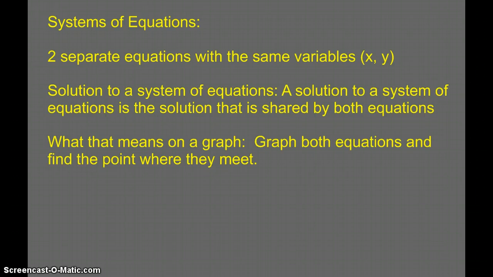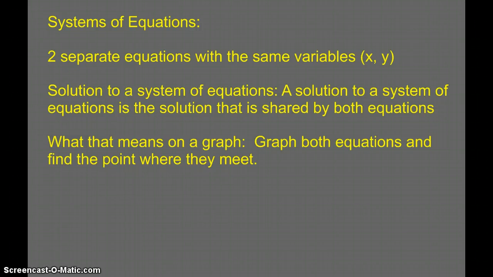Now, when we talk about a solution to a system of equations, we just talked about how each equation has millions upon millions of solutions, because you could plug in any value for x and get a y out. So when we're talking about a solution to a system of equations, we're talking about the solution that is shared by both equations.